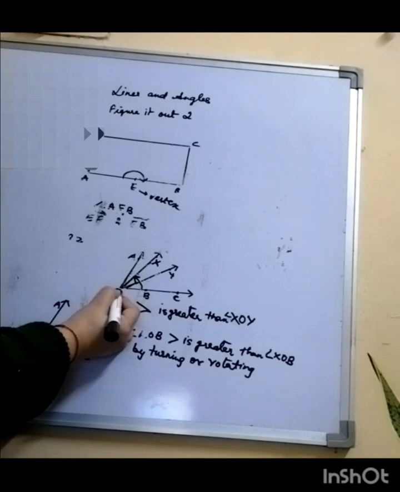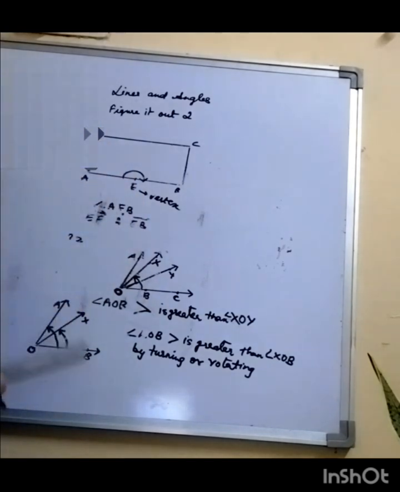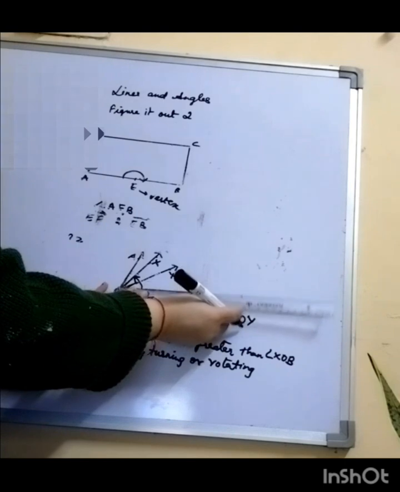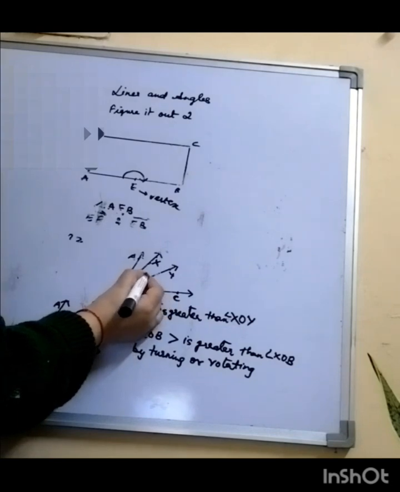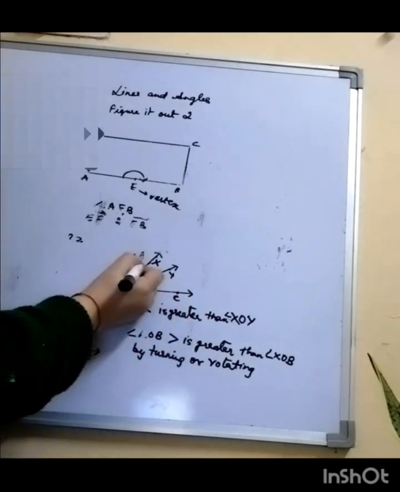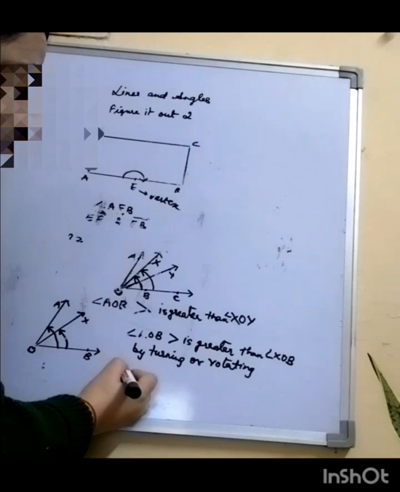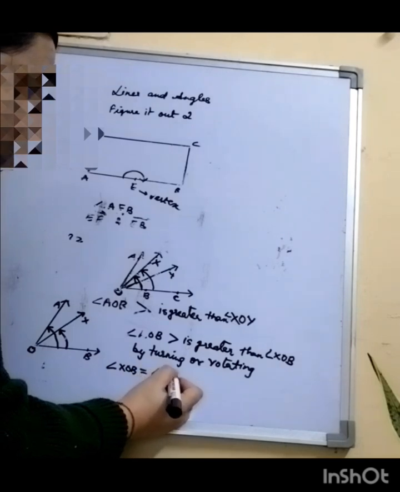Start from OB and turn till OX, so you get the measurement. And then start from OC and turn till X. You get the same measurement. The turning remains the same. It is starting from ray OB or OC and reaching OX. So the third case is angle XOB is equal to angle XOC.